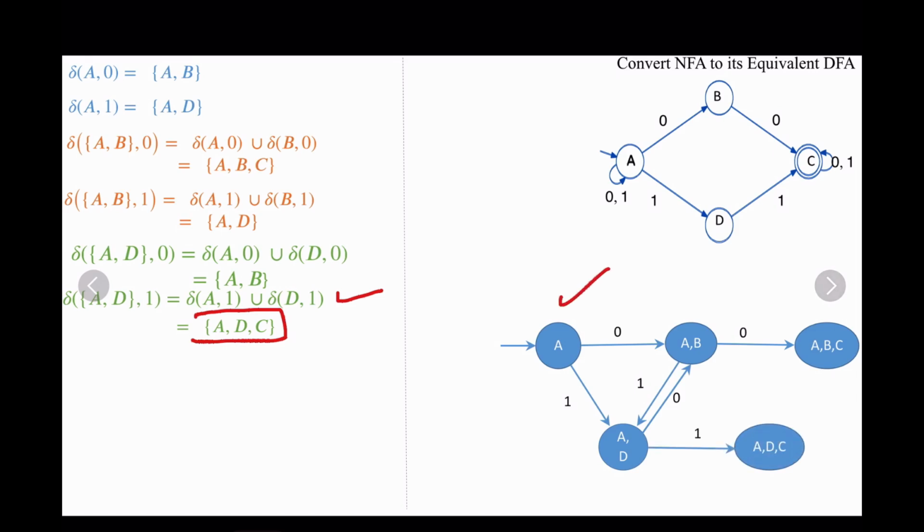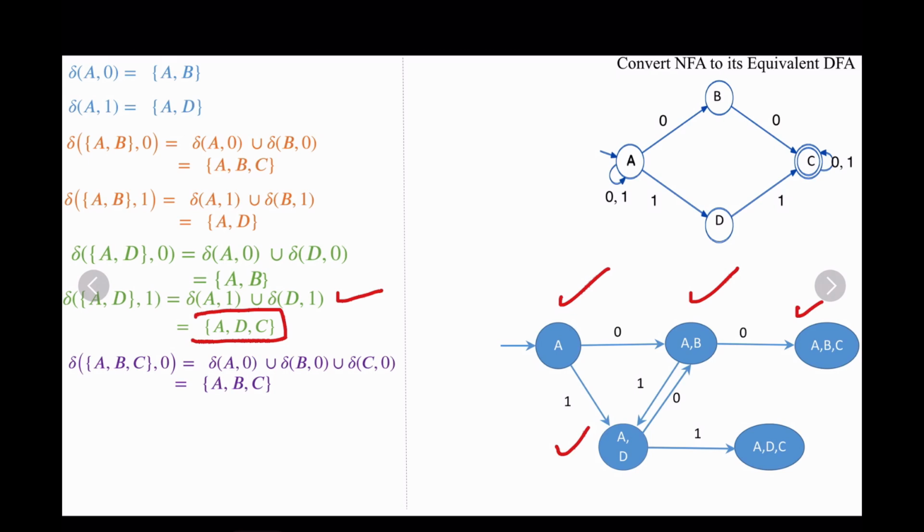A is over, AB is over, and AD is over. What is the next new state? The next new state is ABC. Find the transitions for this state. ABC on 0 splits as delta of A on 0 union delta of B on 0 union delta of C on 0.